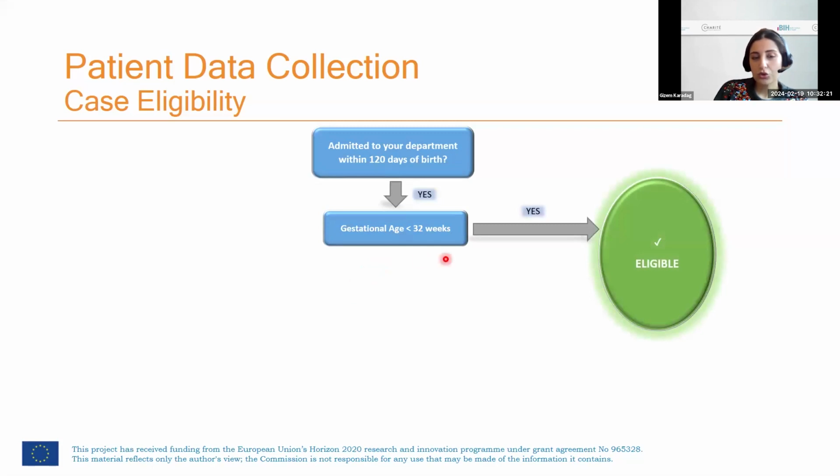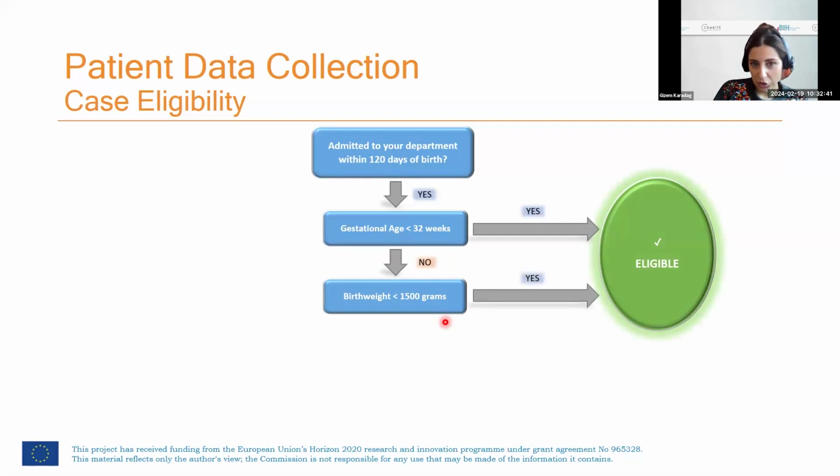That's a patient that you should enroll in the NeoIPC system and should follow up during the surveillance follow-up period. If you don't know the gestational age of the patient, or it's above 32 weeks, but the birth weight of the patient is less than 1,500 grams, this patient is still eligible for the surveillance system.